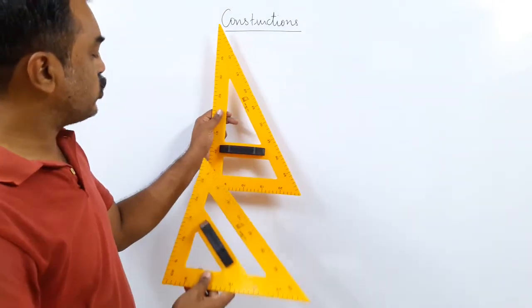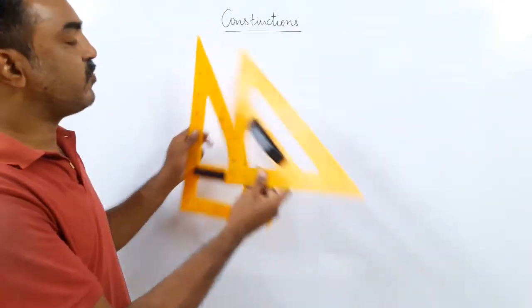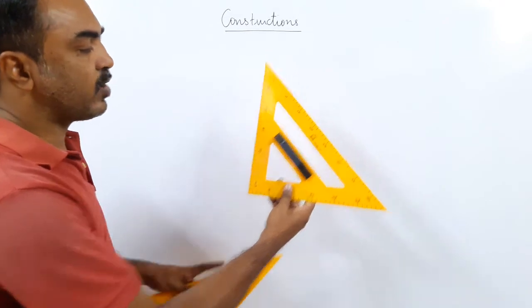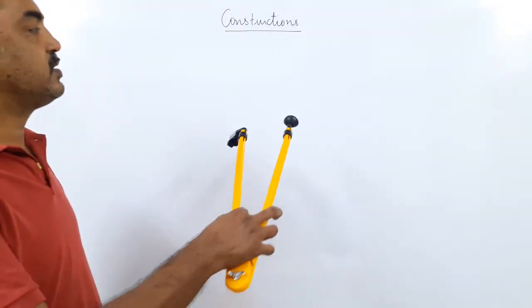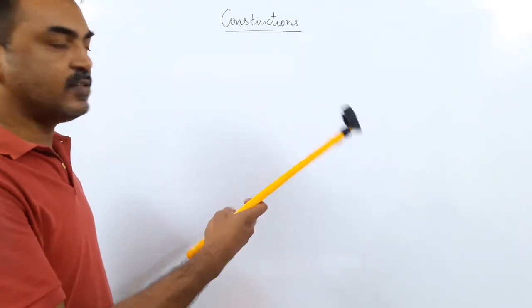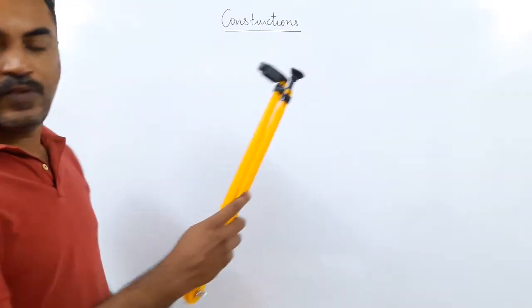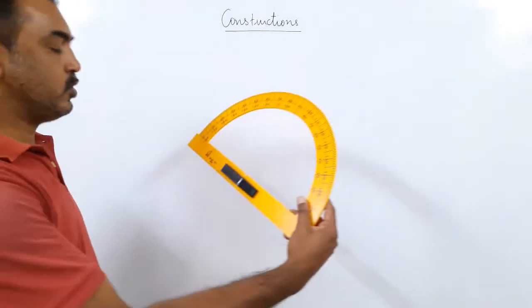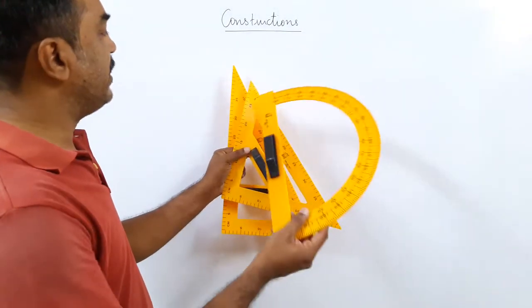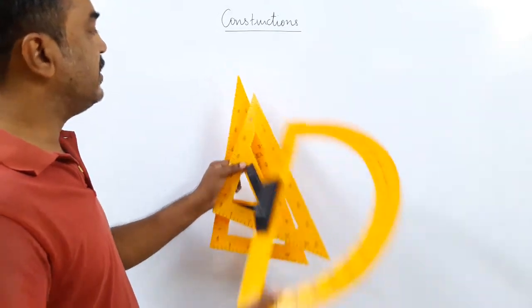So we have got a set square with 90, 60, 30 and a set square with 90, 45, 45. We have got a compass to draw circles, arcs and everything, and we have the protector also. This will give you 45 degree, 90, 30 and 60.